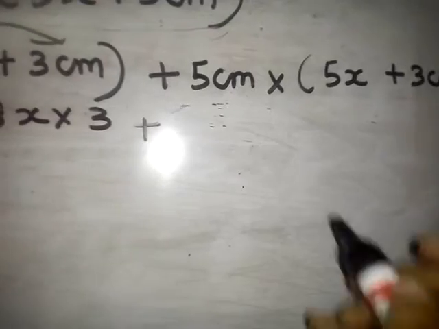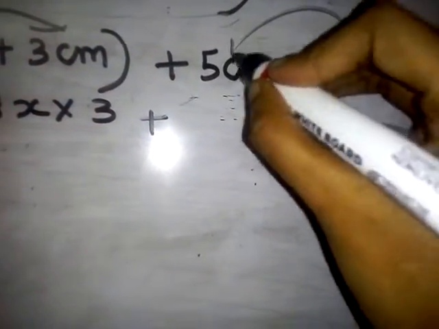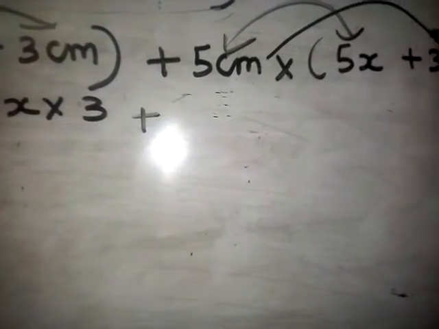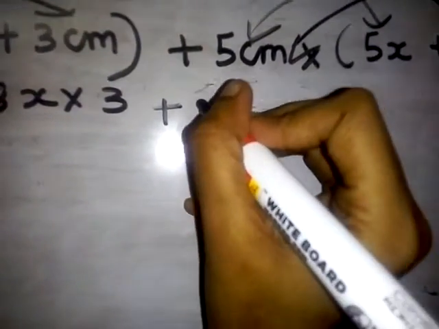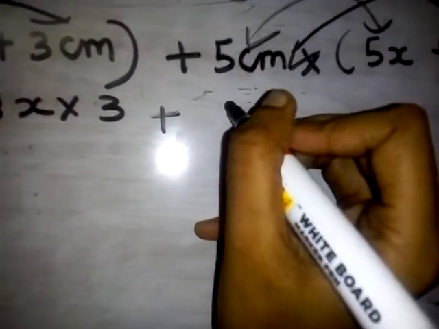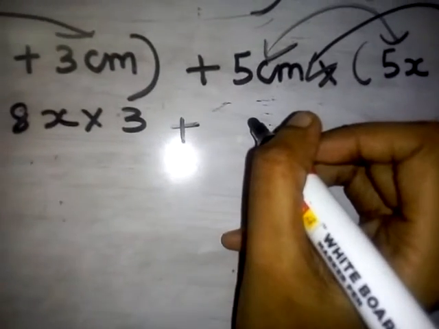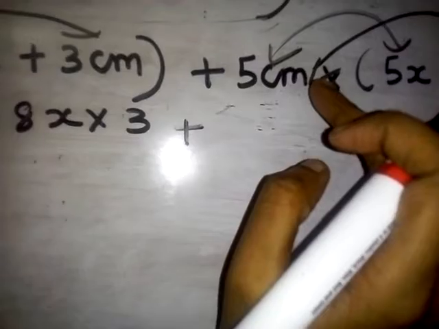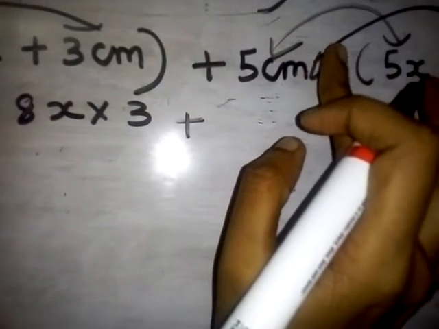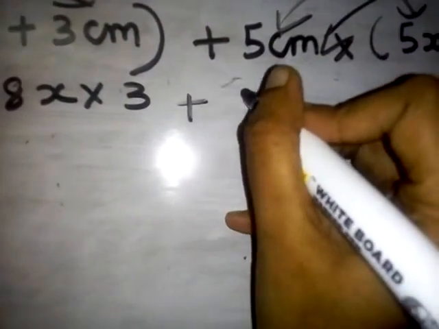You can put the arrow mark and write multiplication form if you don't know. Plus 5.